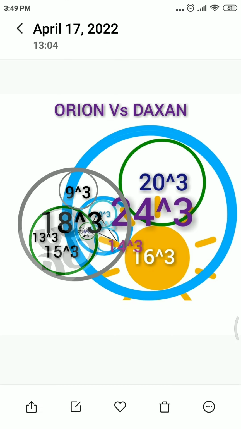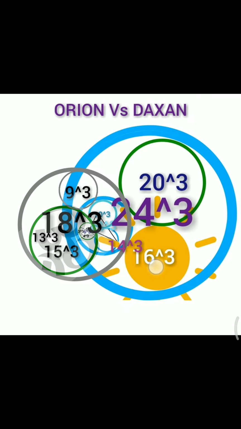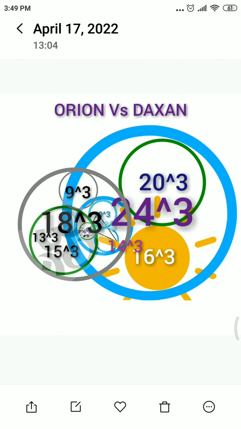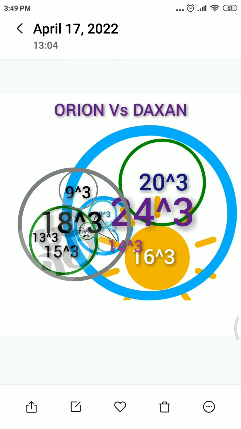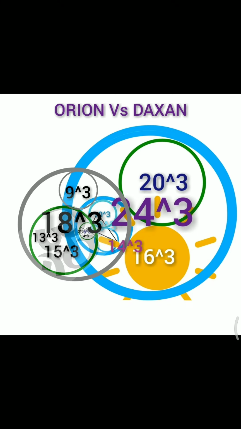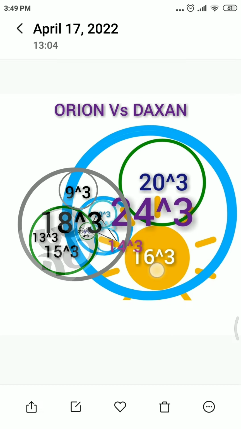So the 16 cube is the original God figure. God, this is the Holy Ghost. The child of God and the Holy Ghost is 14 cube. 14 cube is nothing but Lord Krishna in Hindu mythology, and Christ in Christian mythology. This is the original Son of Man who became the ruler of the heaven.